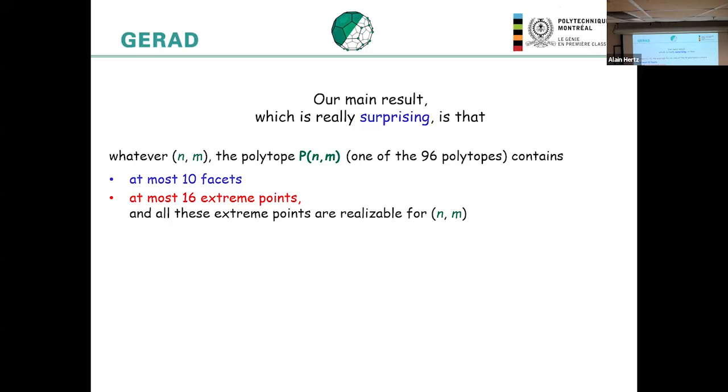And among the 21 realizable points, you have only 16 of them maximum. Sometimes you have much fewer, so 16 points. And all of these points are realizable. So these are the extreme points we were looking for. So that's really surprising. Even if n is equal to 1 million, we have only 16 points maximum.